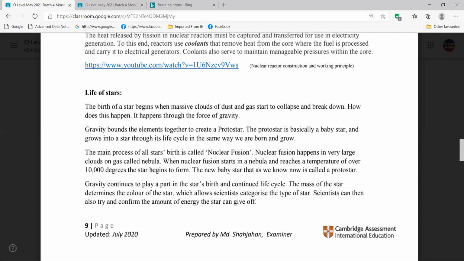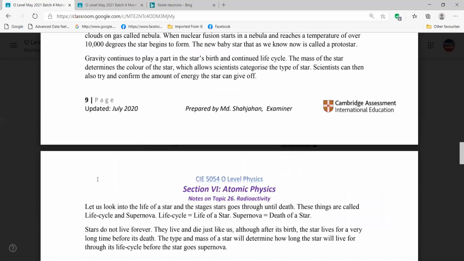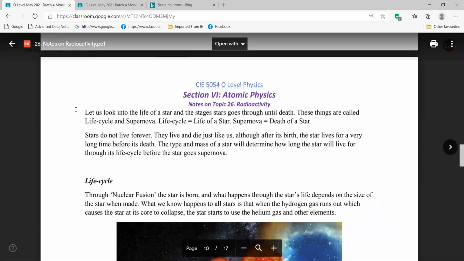And then when nuclear fission starts, the temperature should be 10,000 degrees Celsius. So other things are extra. These two things are most important here. Now continue from here.